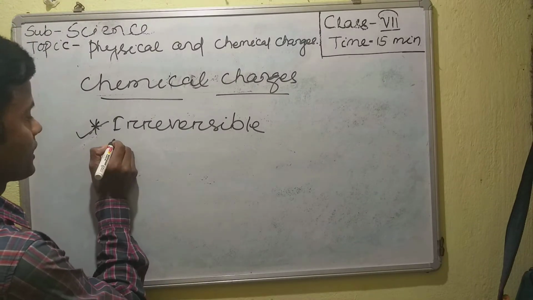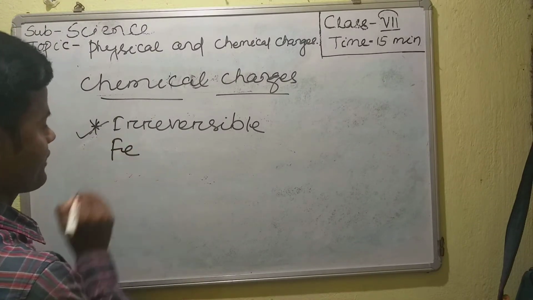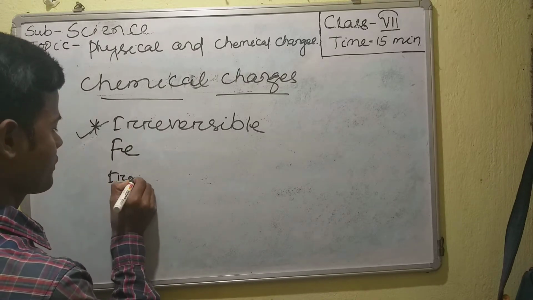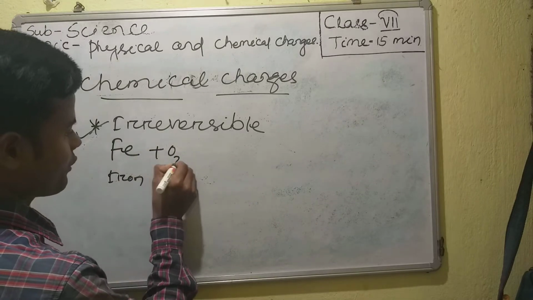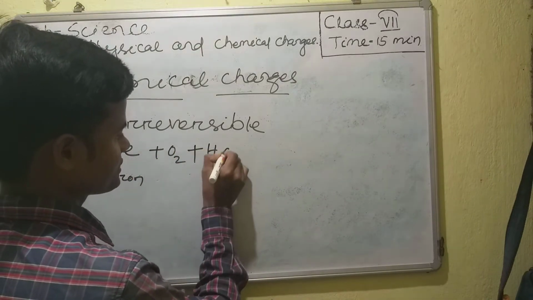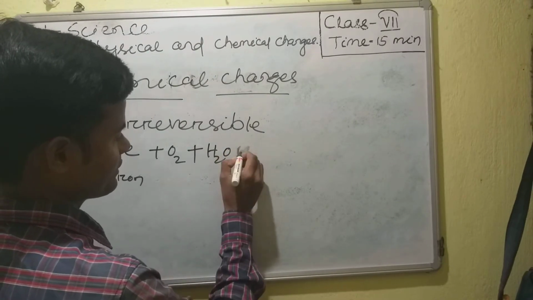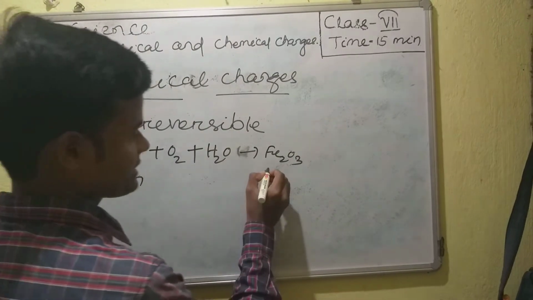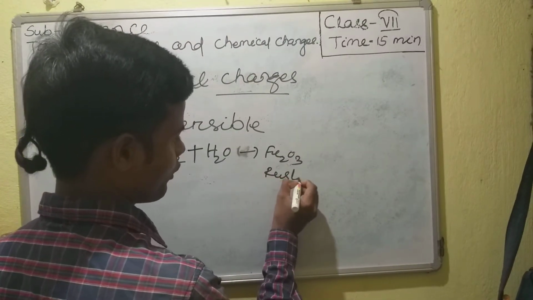Let us see the equation of rusting of iron. Iron is Fe. When iron reacts with oxygen, O2, and water, it gives ferric oxide, Fe2O3. This ferric oxide is called rust.